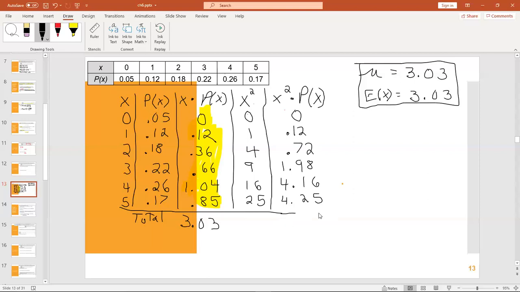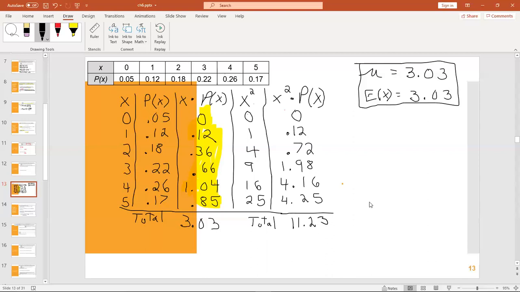So now, like before, we're going to find a total of all of those that we just found. So we've got 0 plus 0.12 plus 0.72 plus 1.98 plus 4.16 plus 4.25, and that is a grand total of 11.23.